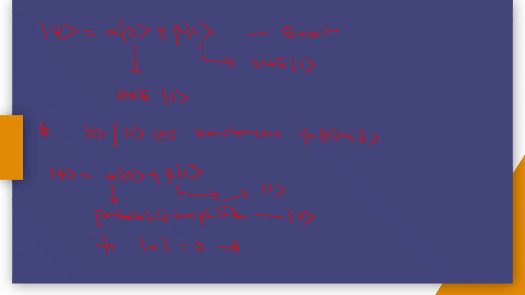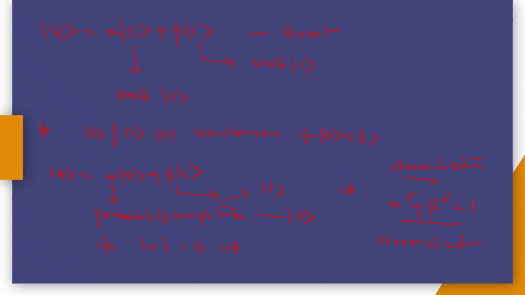And one more condition, the normalization condition, we need to check. Here alpha square plus beta square must be equivalent to 1. This condition is called normalization. See here, a qubit representing a particle state is written in this combination, where psi is related to the quantum state of the particle. 0 and 1 are called basis states.